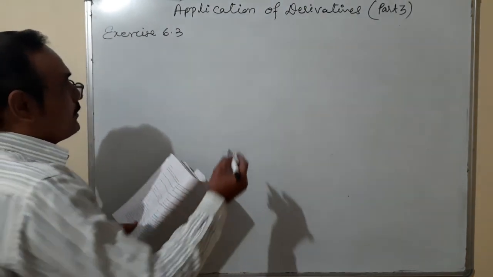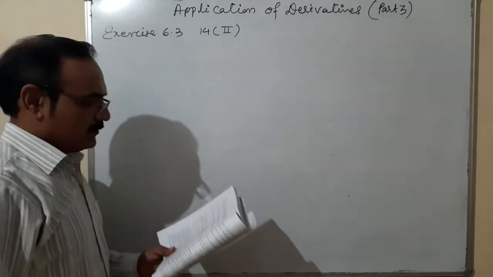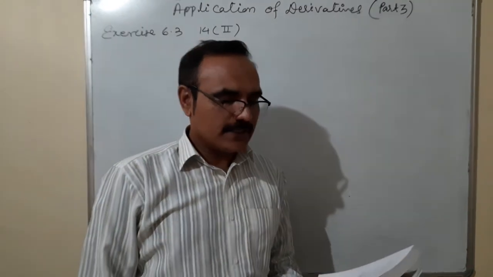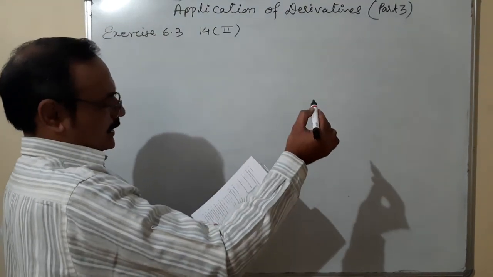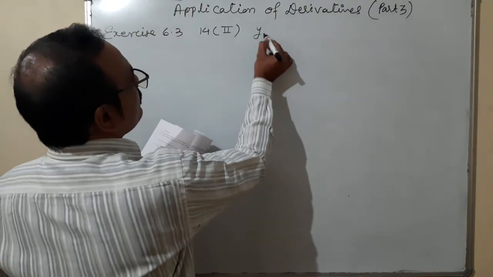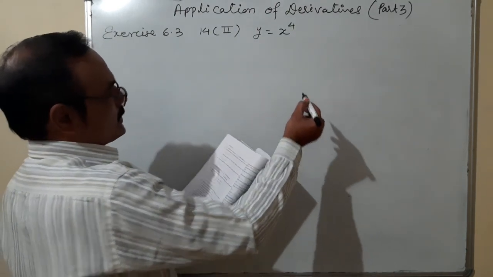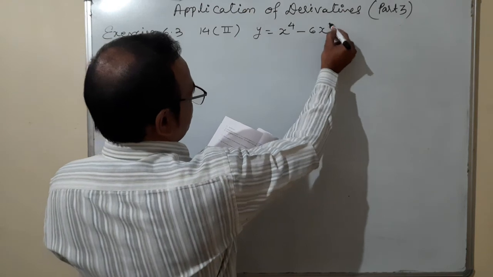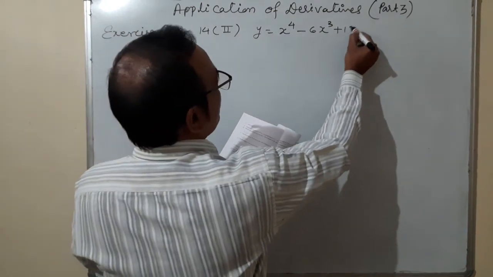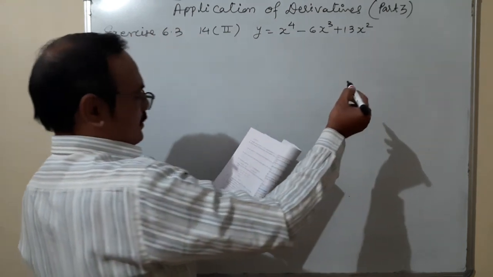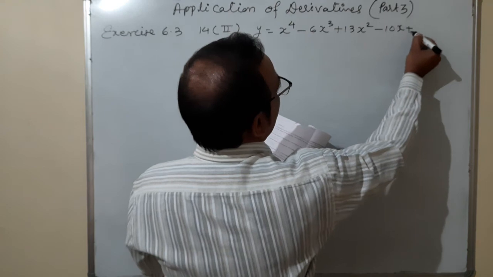So the second part, in which we find the equations of tangent and normal: y is equal to x to the power 4 minus 6x cube plus 13x square minus 10x plus 5.